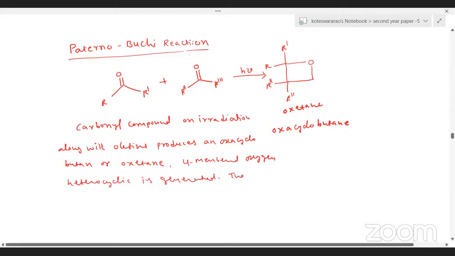This reaction is called the Paterno-Büchi reaction. This reaction is known as the Paterno-Büchi reaction.